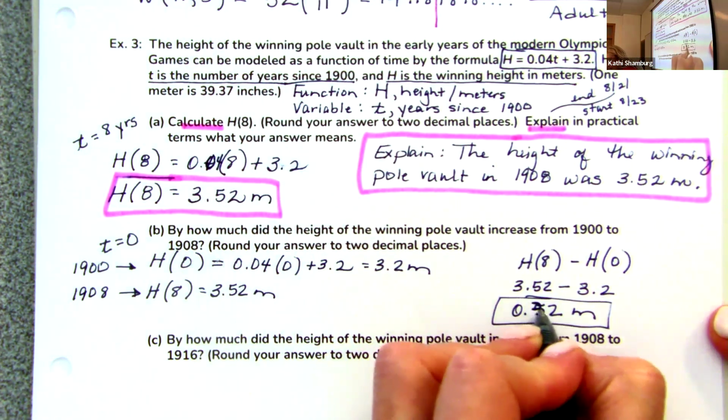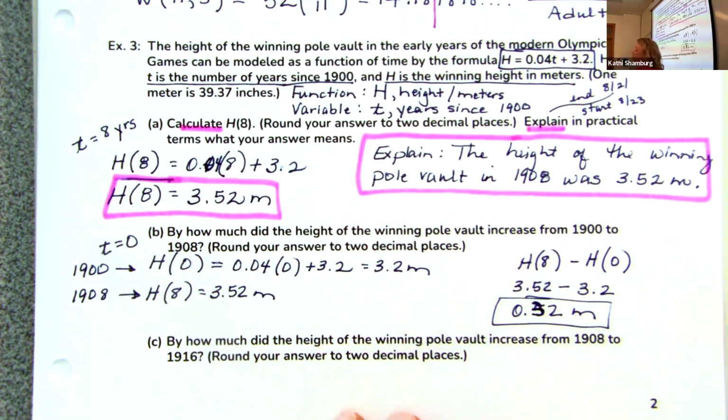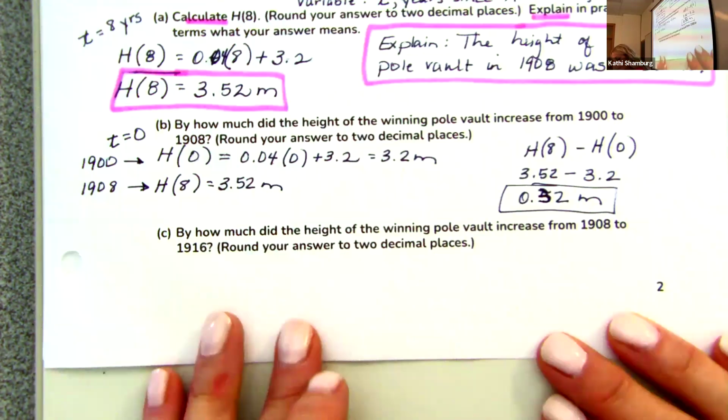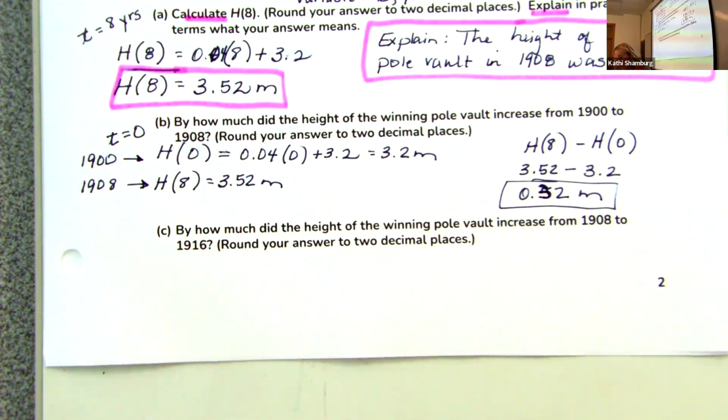Sorry, I about wrote a 5. Now, since this is positive, then we know what happened with that height. What was it doing? Increasing, right? Had I gotten a negative number, what would that height be doing? Decreasing. So eventually we'll talk about are things increasing or decreasing, and that's going to be determined by we got a positive number, so we know it's increasing, as opposed to if we got a negative number, we would know it's decreasing.